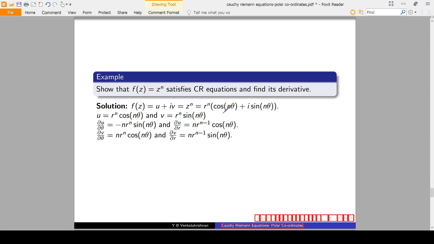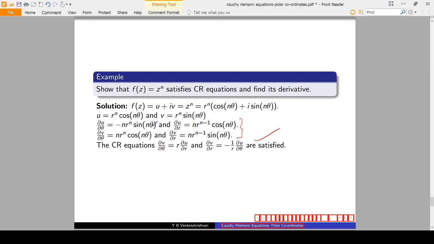I find the partial derivatives of u with respect to r and theta, and the partial derivatives of v with respect to r and theta. So now I have obtained the four partial derivatives. I have to check whether they satisfy the CR equations.